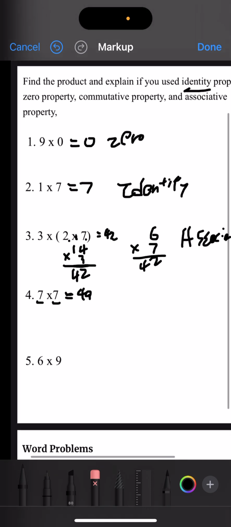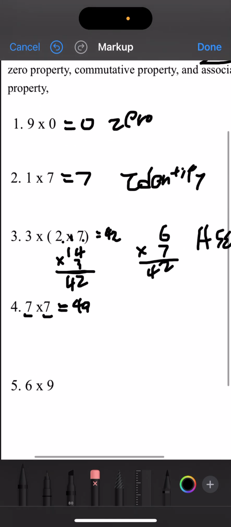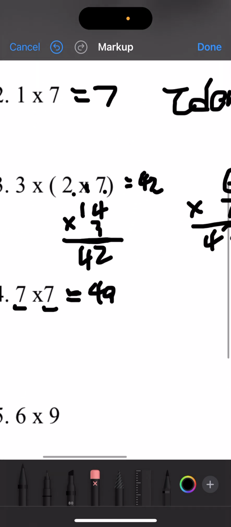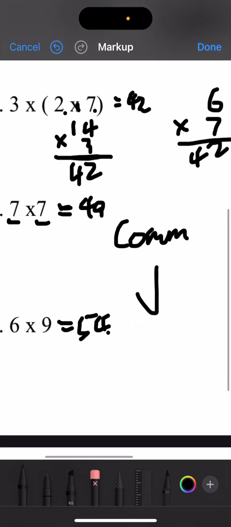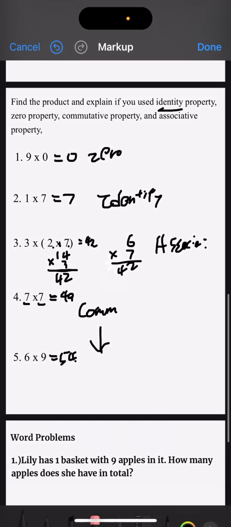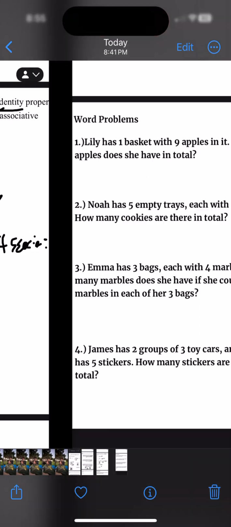And this property is called the commutative property. Okay, number 5, 6 times 9. This one is the same thing. When you multiply 2 numbers, it does not matter which one comes in the front, and we're going to get 54. Same as commutative.